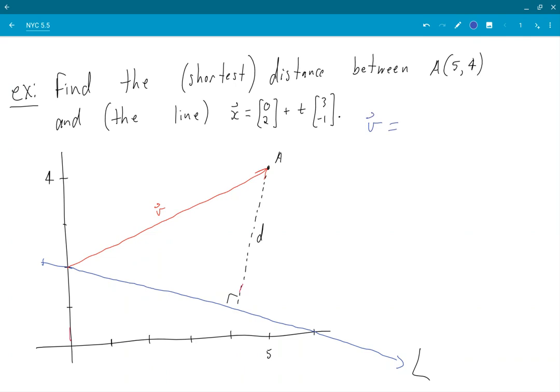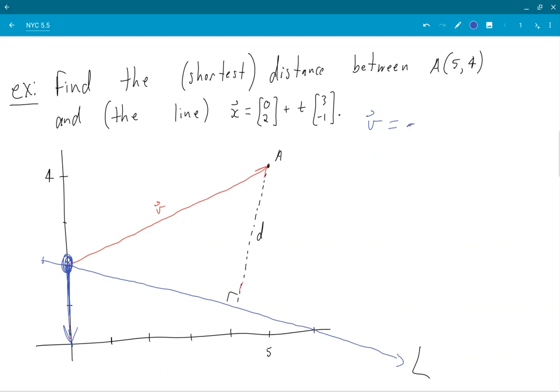Well, you can go from the point 0, 2 backwards down to the origin, so you could say negative 0, 2 plus the vector 0A, which is 5, 4. So what do we get there? We get 5, 2.